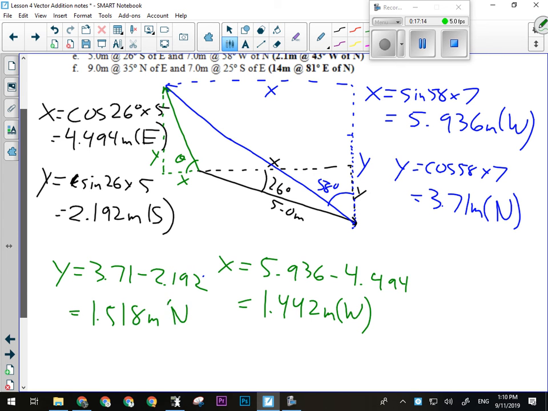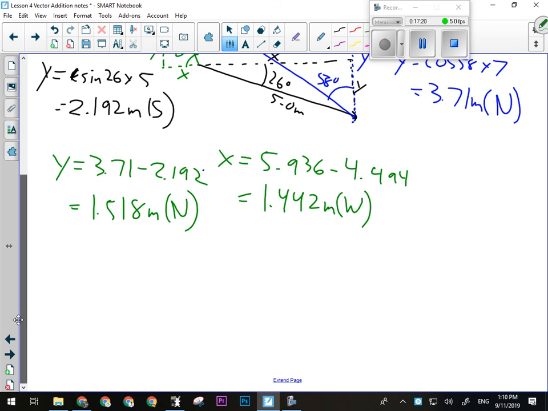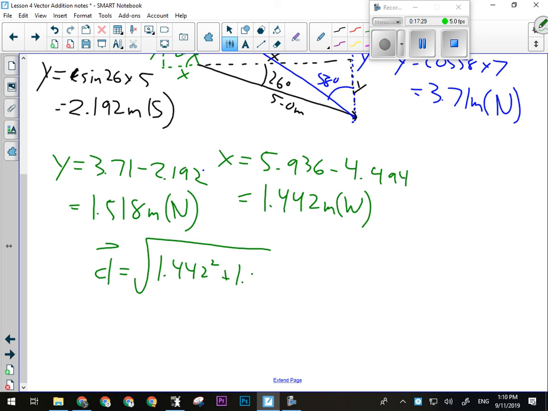And that's north. Now that I've got the sides of my green triangle, I can find the displacement using the Pythagorean theorem, and then I'll find the angle using trig. So it'll be 1.442 squared plus 1.518 squared, to get our magnitude.